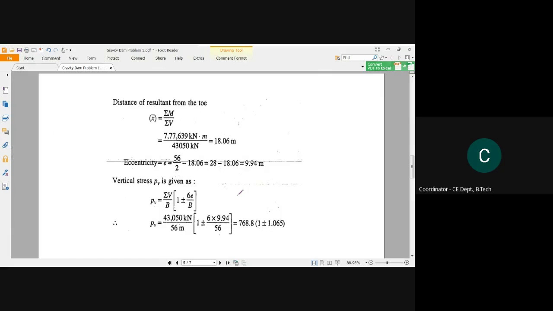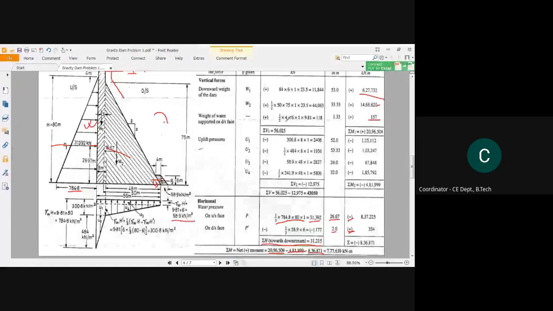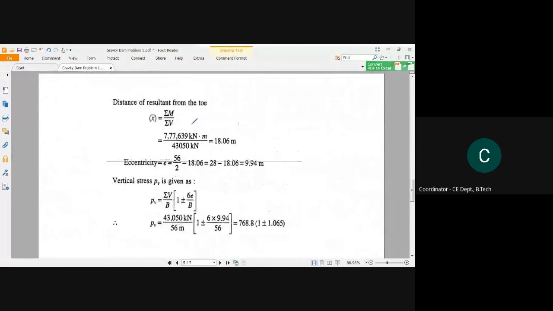Next, we have calculated all the vertical forces, horizontal forces, and the corresponding moments of those. So now we will calculate the distance of the resultant force. Let me just elaborate this, then I will show you in the diagram of the gravity dam. We will calculate the distance at which that resultant force will work.